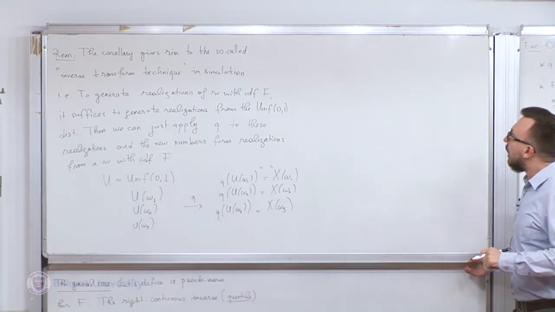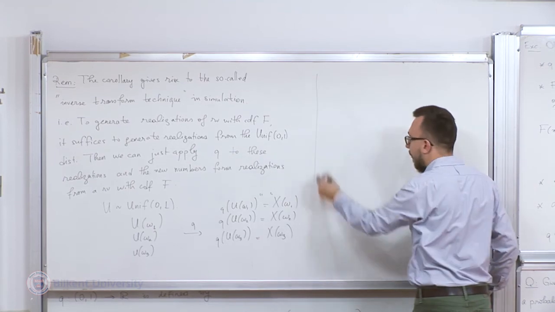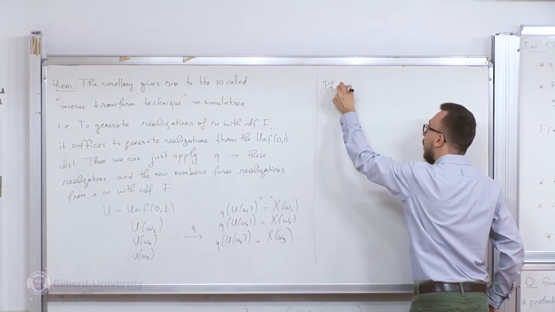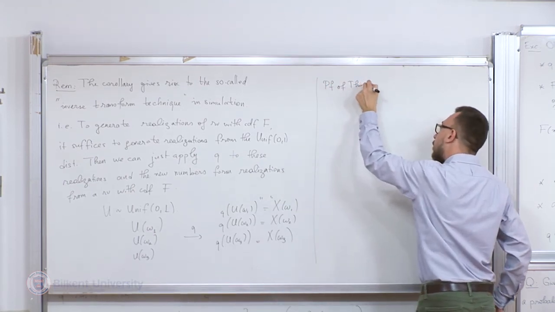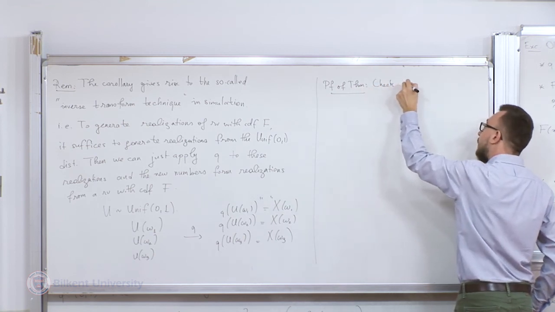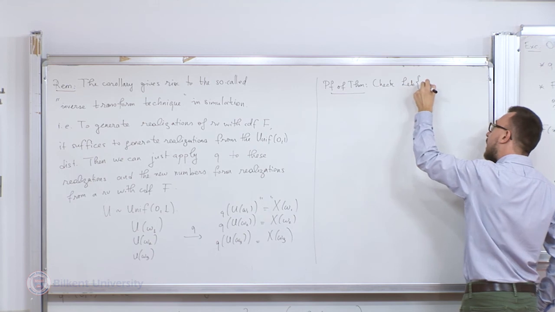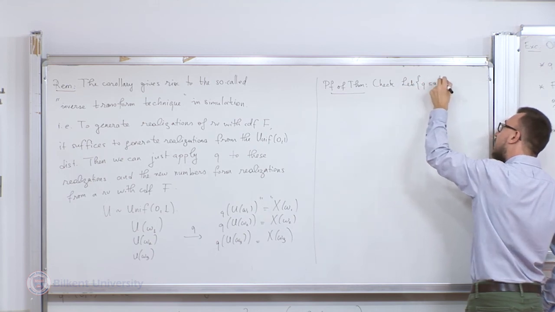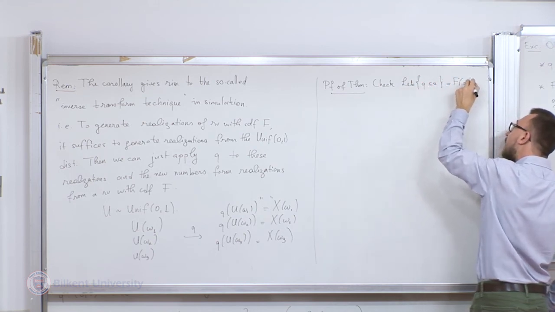Okay, let's quickly look at the proof of this theorem. So all we have to do is to check that the probability that q is less than x is F of x.